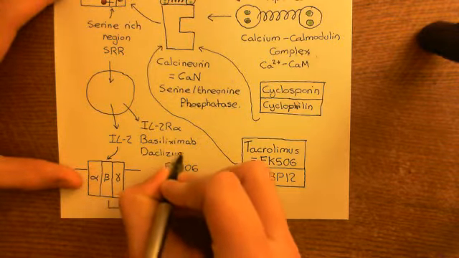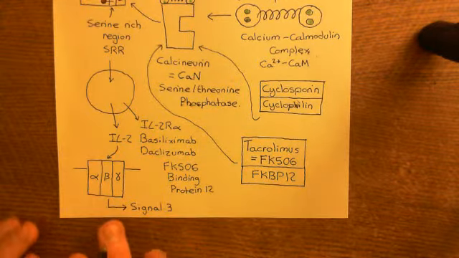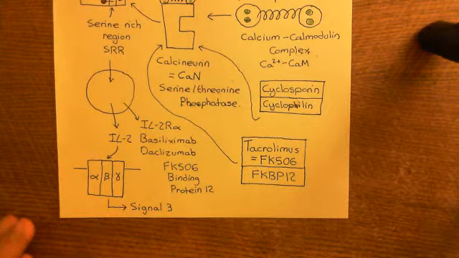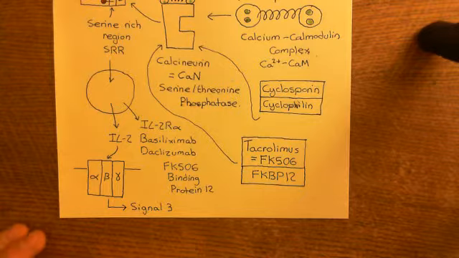Both of these drugs will bind to the extracellular domain of the interleukin-2 receptor and prevent the interleukin-2 from binding, and therefore stop the interleukin-2 from triggering signal 3 within the CD4 positive naive T cell, or as I say, it could be a CD8 positive naive T cell or a memory T cell.